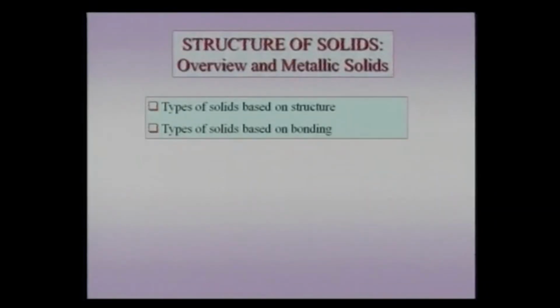Next chapter we are dealing with the structure of solids. Here we will start with a broad overview and then go on to metallic solids before we take up ionic and covalent solids. We shall specially focus on some of the rules of formation of, for instance, ionic solids. We will worry about the kind of bonding in these kind of solids, and some of the concepts would just be a revision of something we have dealt with before.